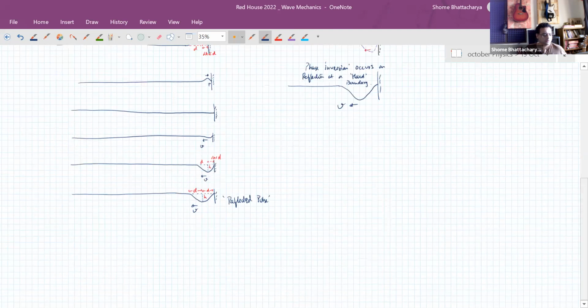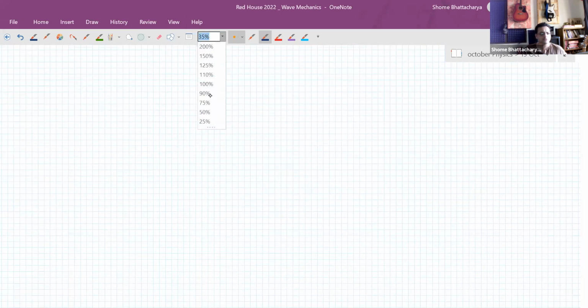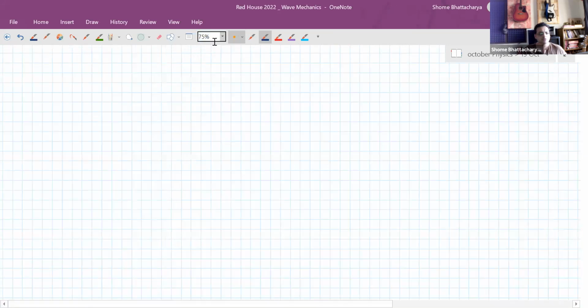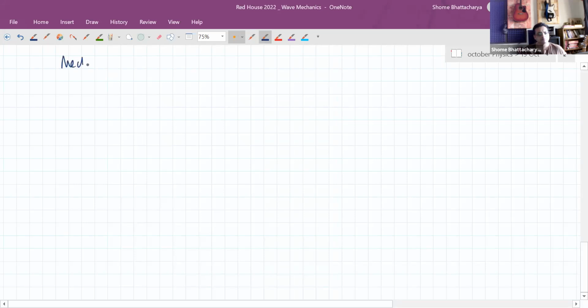Okay, so there are two interesting things about this whole mechanism of the reflection of the pulse. One is, as I was telling you, the mechanical energy of a traveling pulse.